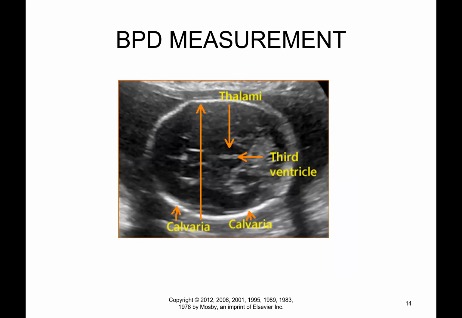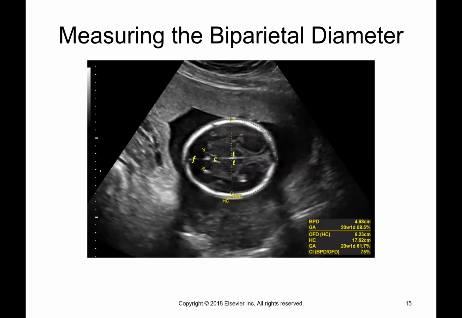This is another image of just your landmarks here, your thalamus, the cavum septum, and then the calvaria, which is what you're going to be measuring. So you measure from the outer part of the skull to the inner part of the skull. I want you guys to really know that. Here's one more picture of a beautiful head measurement.